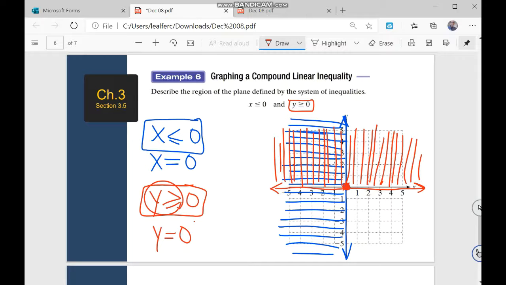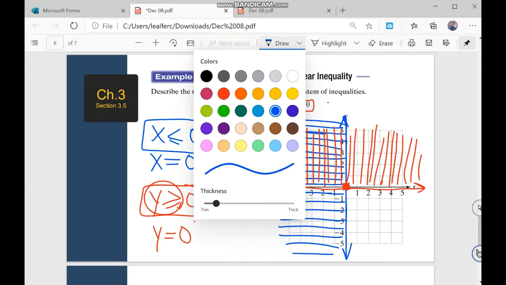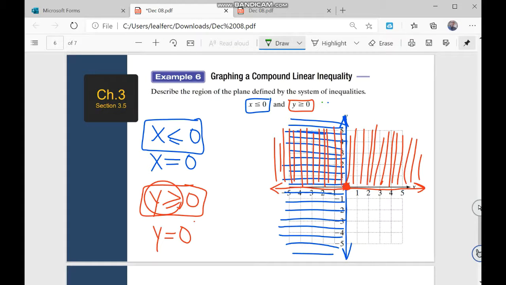And now check what kind of compound this is. What are you doing here? You're working intersection or you're working union. And this is intersection. Right? That means the solution for this compound inequality is the area that has blue and red.